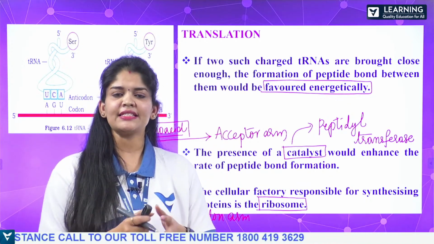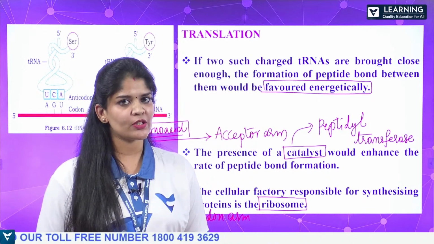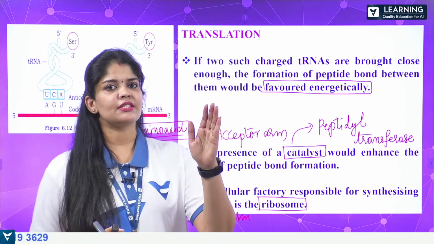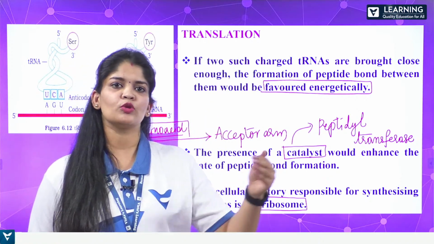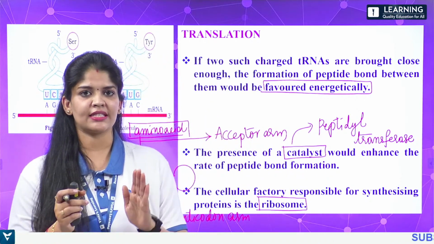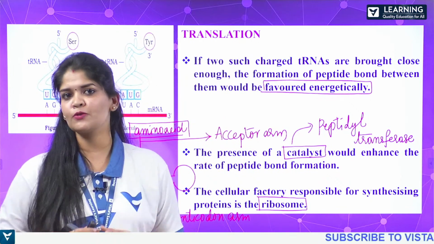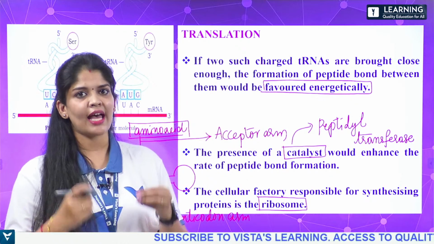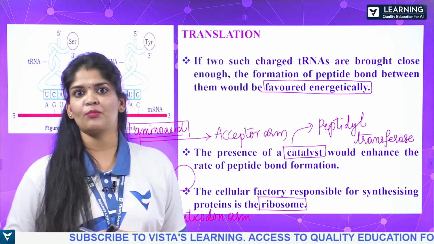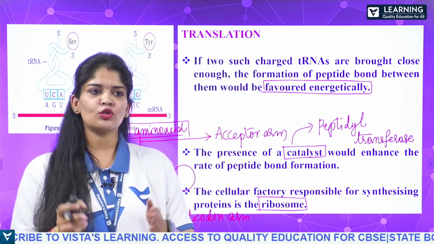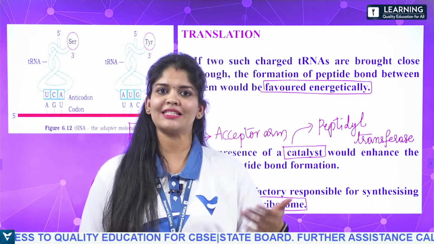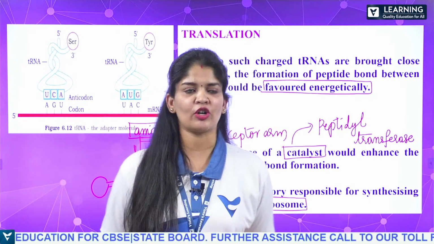Whereas 80S ribosomes are exclusively present in the eukaryotic cell. Eukaryotic organisms have 80S ribosomes, which show a larger subunit as well as a smaller subunit. The larger subunit is 60S and the smaller subunit is 40S.